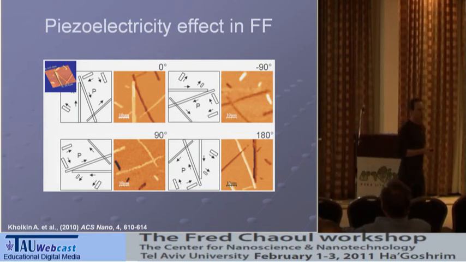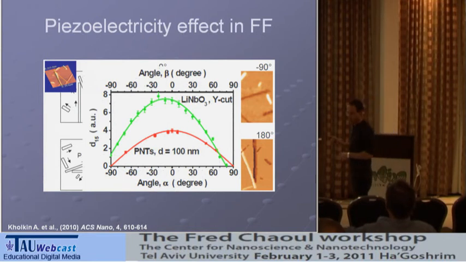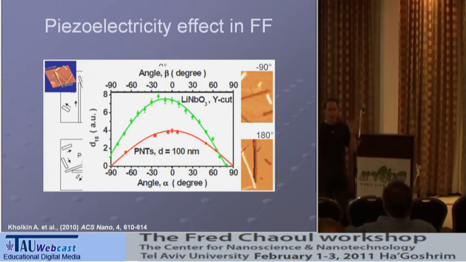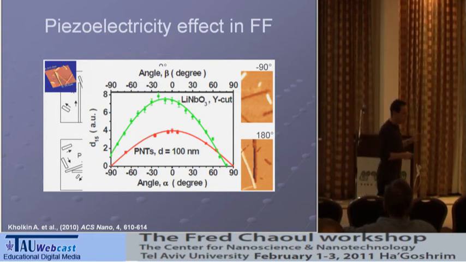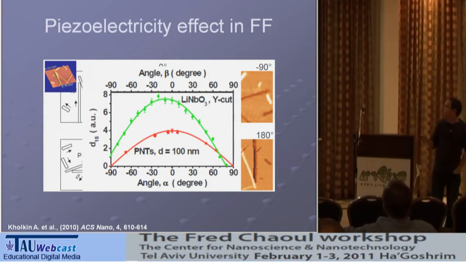We wanted to know how strong the piezoelectricity is, so the most common approach is to compare it to common crystals, because common crystals like lithium niobate have been studied for the last 30, 40, I don't know how many years. Their piezoelectricity, ferroelectricity, and all the dielectric-related phenomena are known, and we know the piezo tensor of those crystals, and it's comparable.